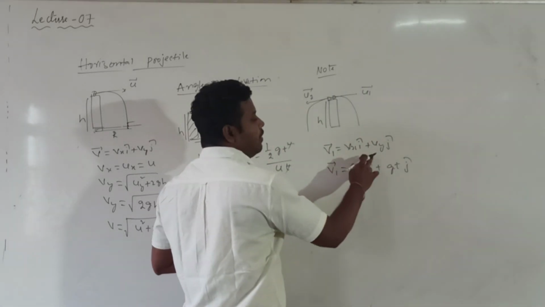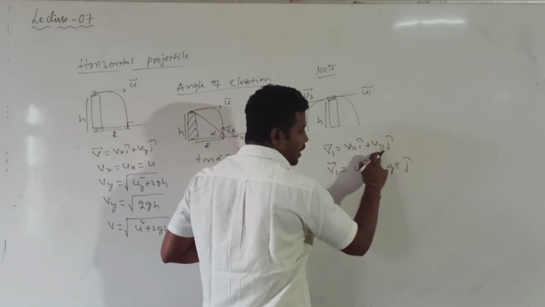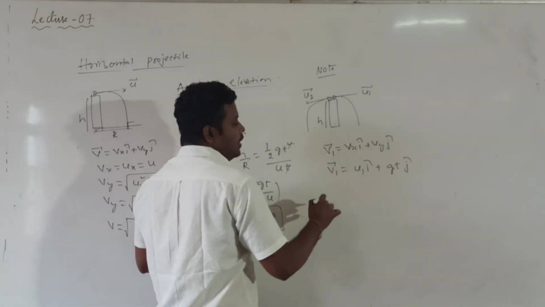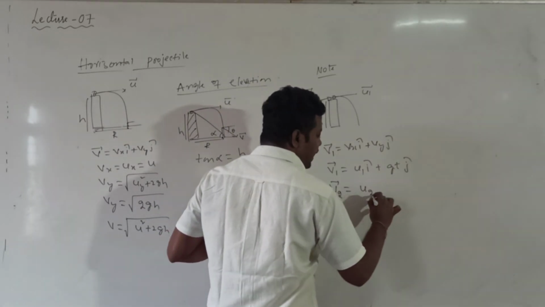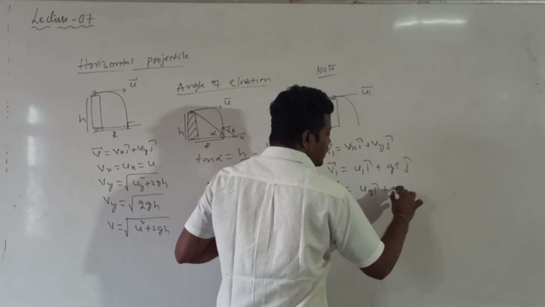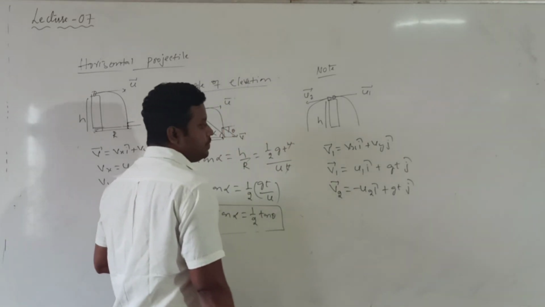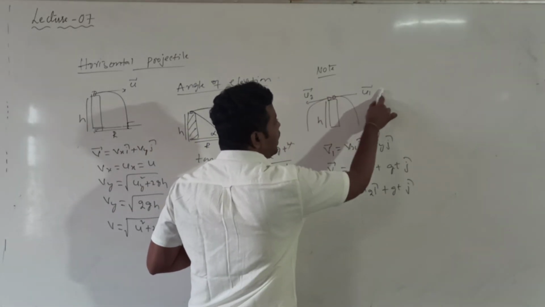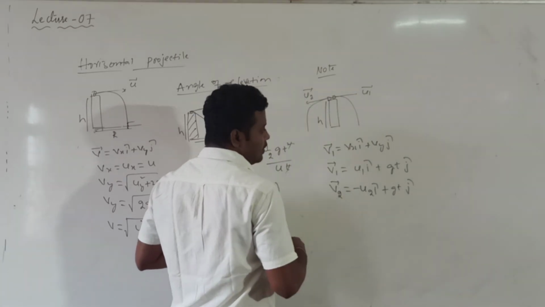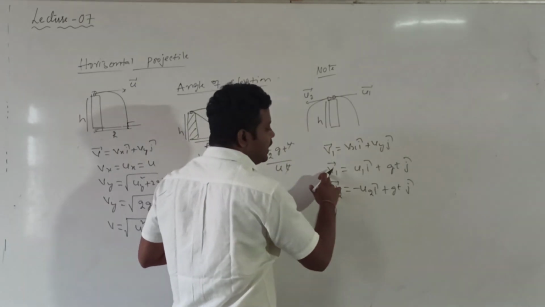Directly writing vy is equal to uy plus gt, and uy value is 0, so directly I am writing gt. Similarly, the velocity of the second body is given by u2 into i cap plus g into t into j cap, but here I need to put minus. Why minus? Directions are opposite. If I take u1 plus, then u2 is minus.